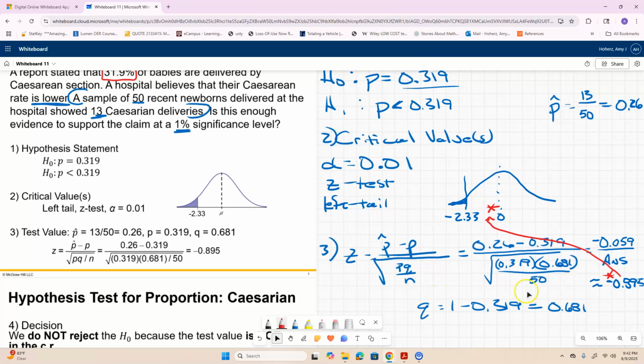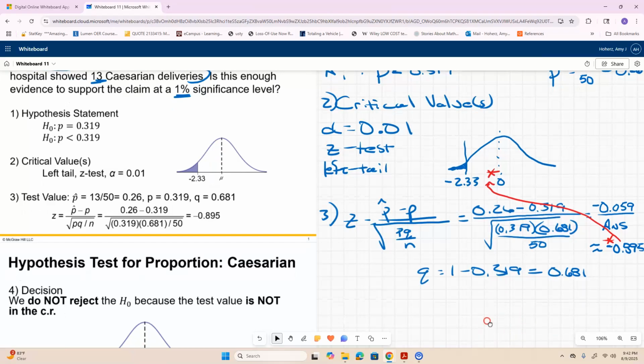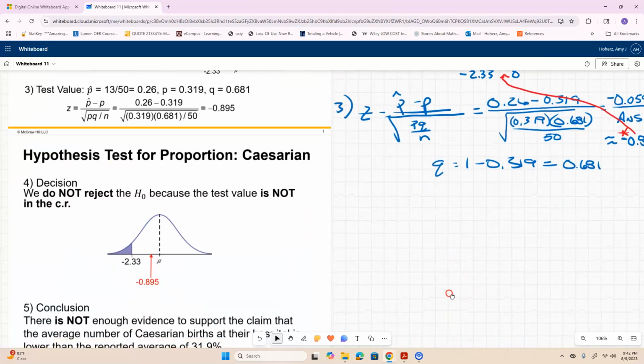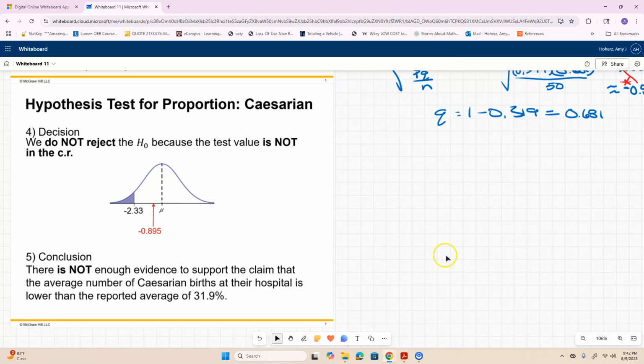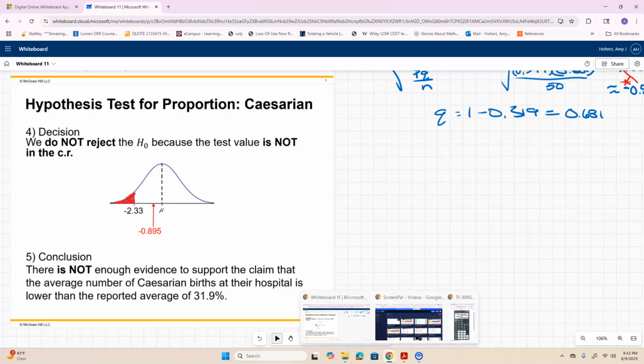I mean, you feel like 6% away would be significant, but with proportions, you have to be quite a bit further off than 5 or 6%, or have really big sample sizes. And this wasn't necessarily a really big sample size. So we've got negative 0.895 here, not far enough down, still in the not reject region. This would be the rejection region, the shaded area. Okay, so we're not in this shaded area, which means we're in the not reject region.